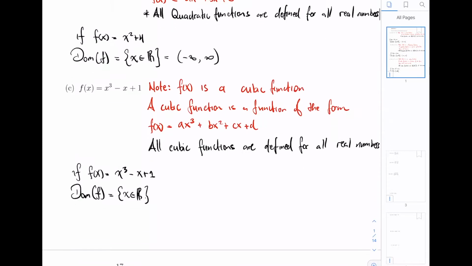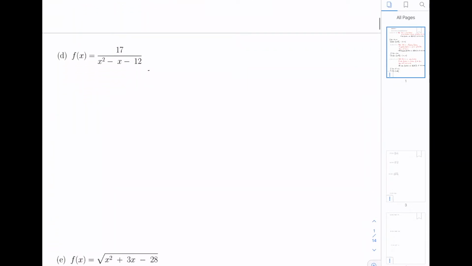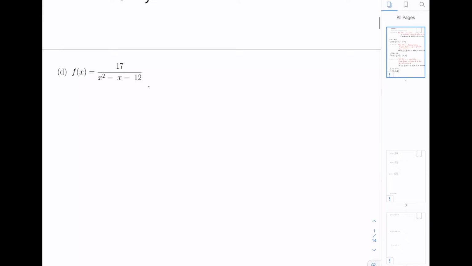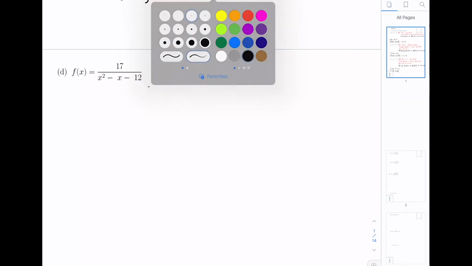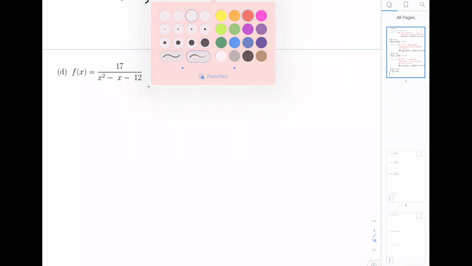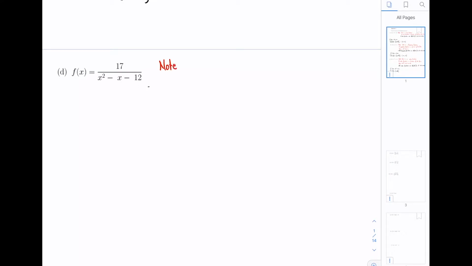Okay? Now moving on to part D. If we notice for part D, we have a different type of function, right? And let's note the type of function here. So note f of x here is a rational function. Okay, and what is a rational function? That's what everyone is wondering. So we group all functions that are of the following form to be rational.